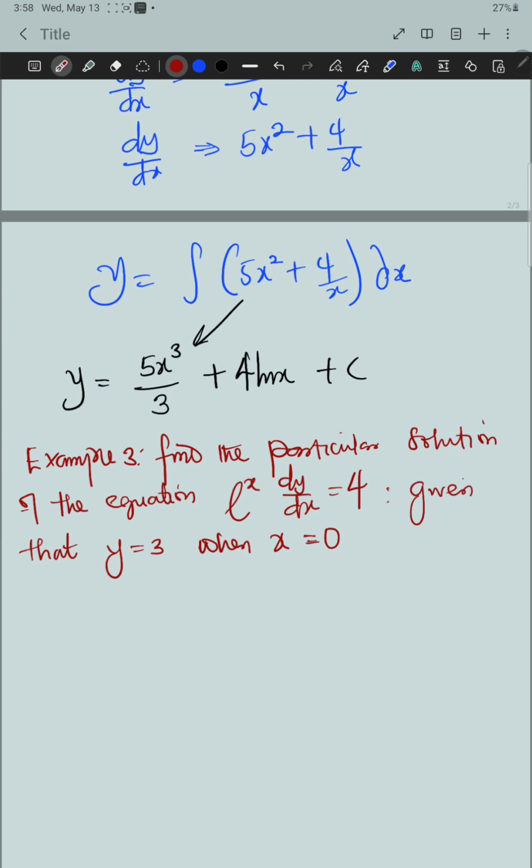Find the particular solution of the equation e to the power of x, dy over dx is equal to 4, given that y is equal to 3 and x is equal to 0.